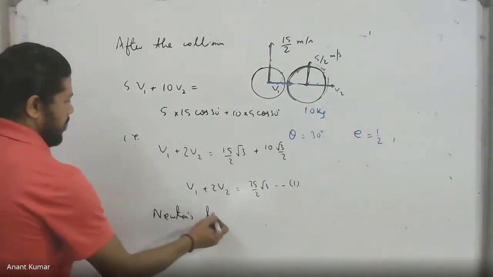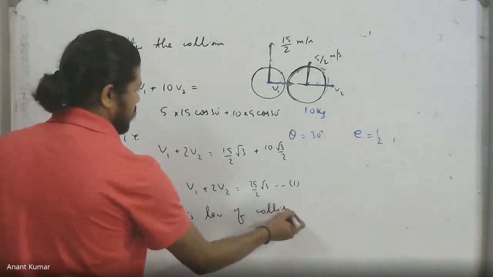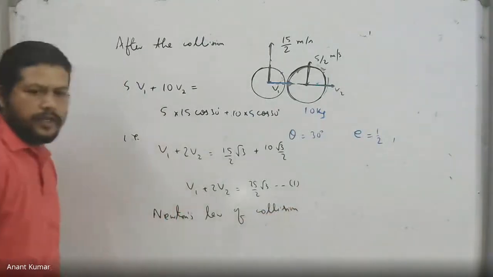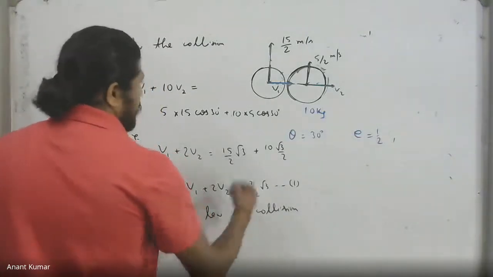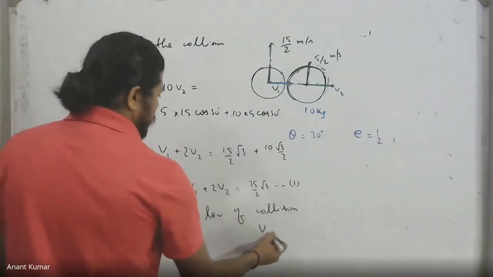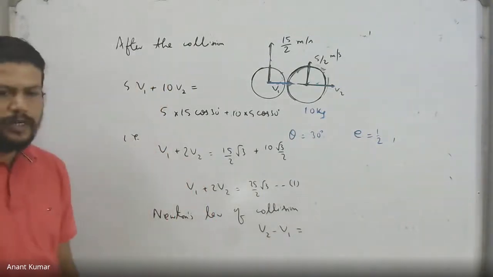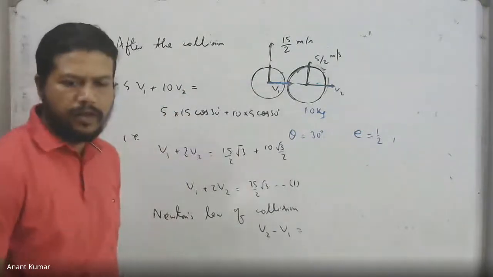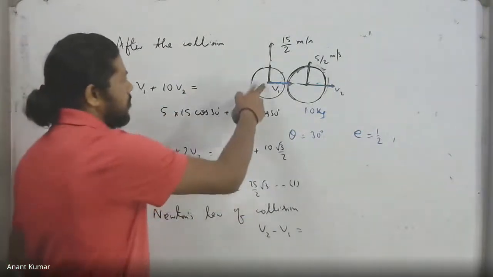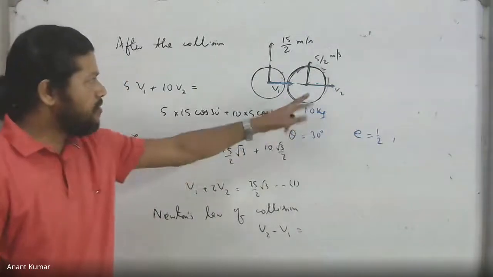If I utilize the law of collision, the separation speed is nothing but V2 minus V1, while the approach speed would be the difference in the initial velocities, which for this one was 15 cos 30 degrees, and for that one was 5 cos 30 degrees.